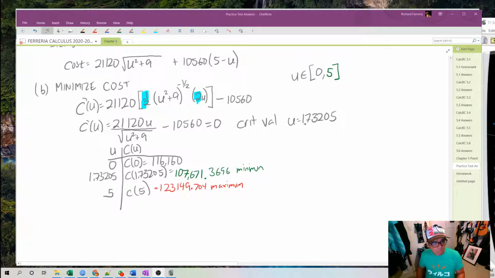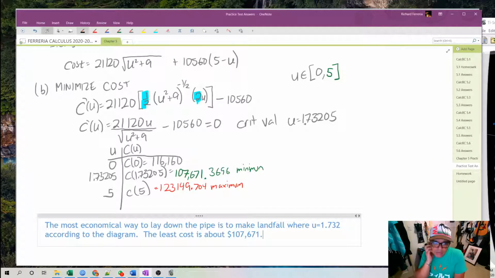That happens at 1.732 miles away from that perpendicular point. And then the maximum cost is going to be $123,149, and that occurs if we go all the way across the river with the pipe. So we can write our summary statement now.